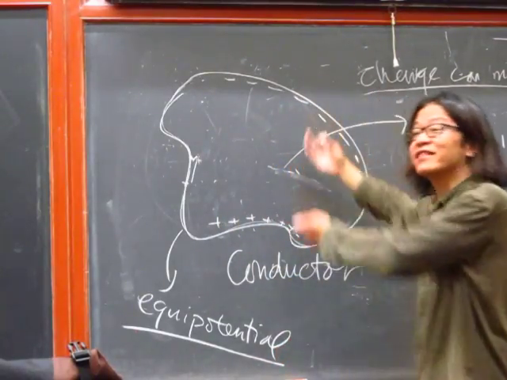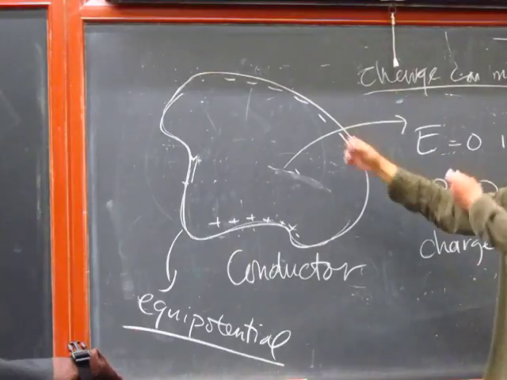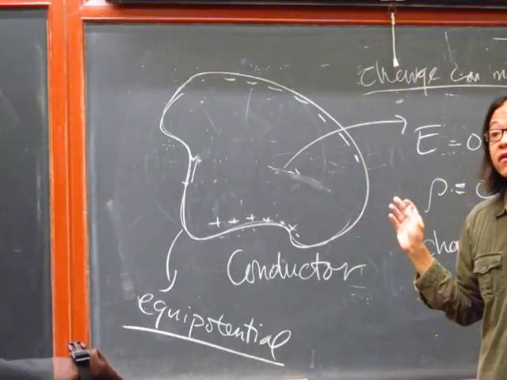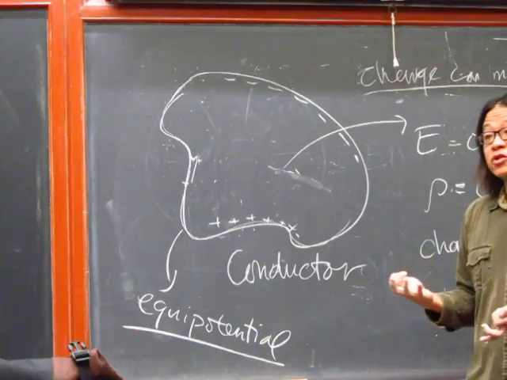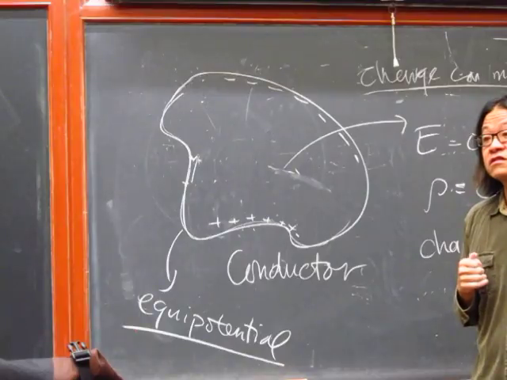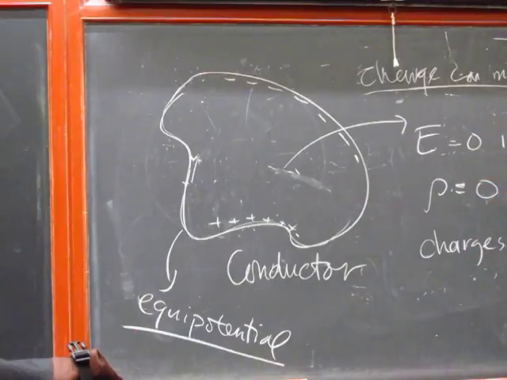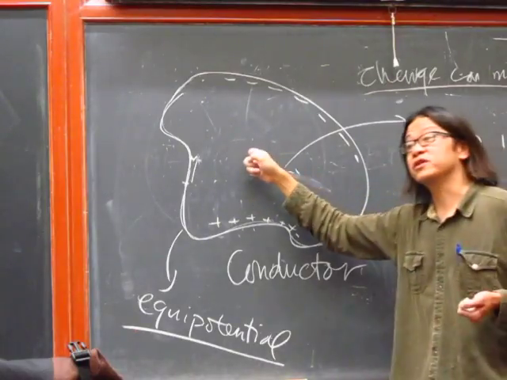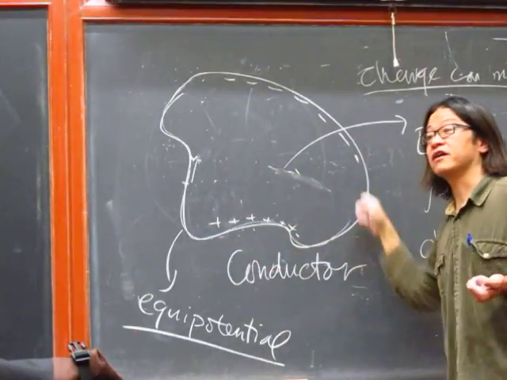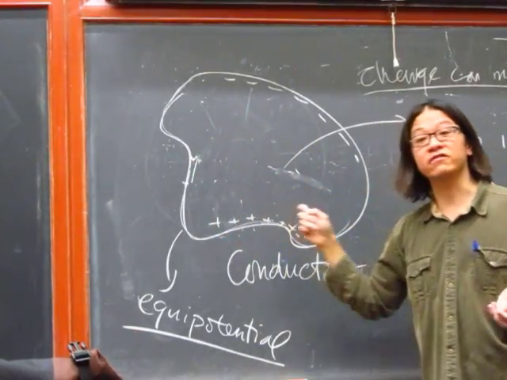The net can still be neutral. So far the discussion is completely general: the conductor can be charged or have no charge, and this is always true. On the inside, the charge has to be equal to 0. Whatever residual charge you have has to be on the outside, on the surface of the conductor.